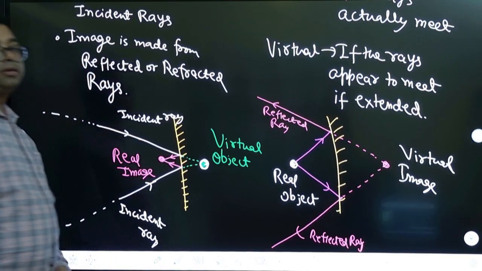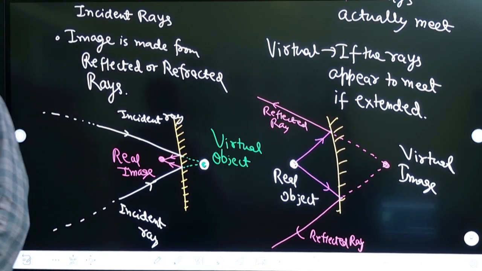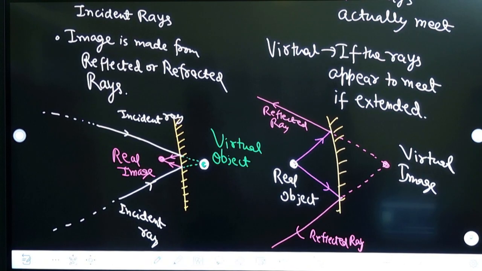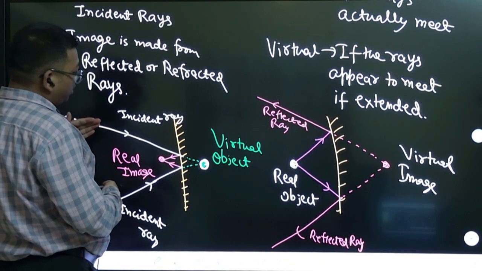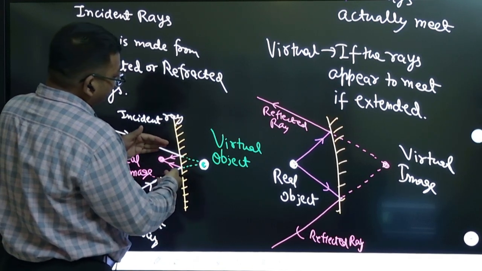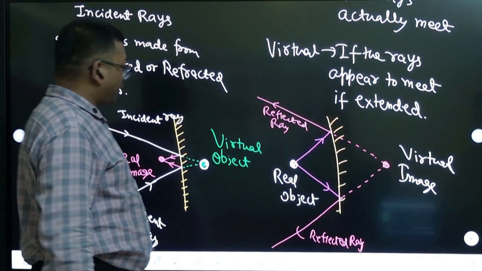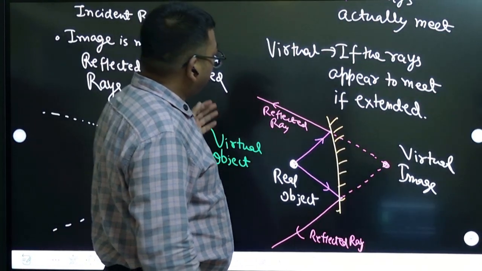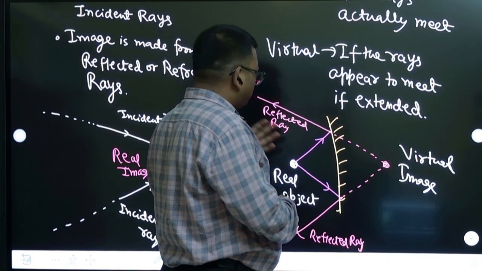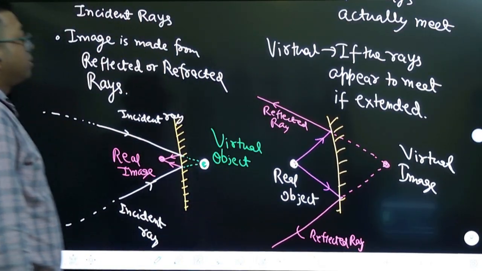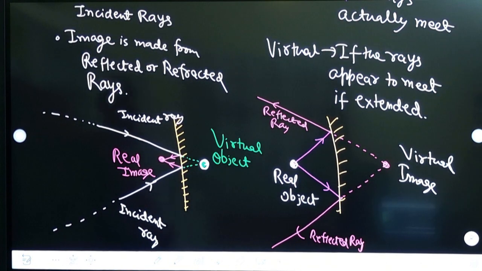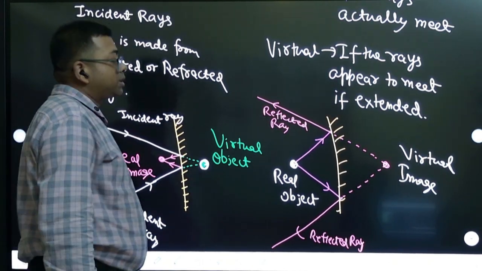Okay. Yes, convergent incident rays will make a virtual object, and divergent reflected rays will make a virtual image. Okay, we can say that. So this is the concept of object and image.